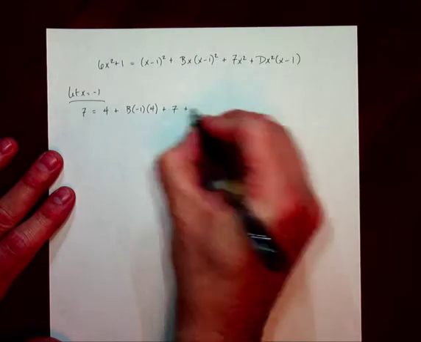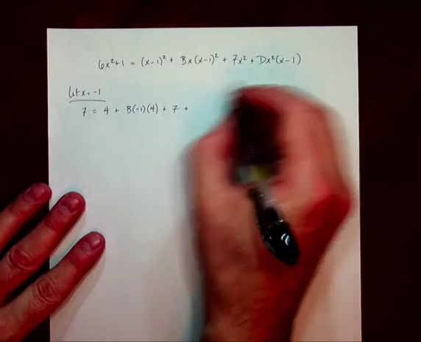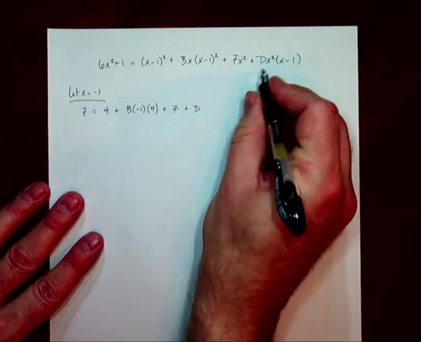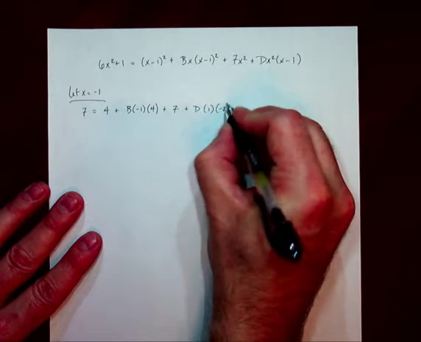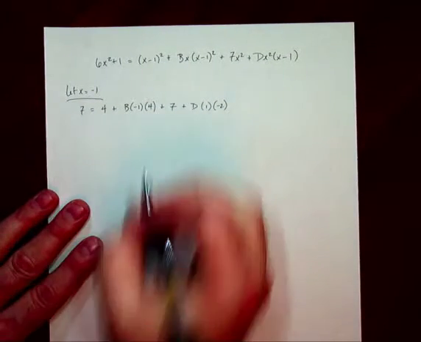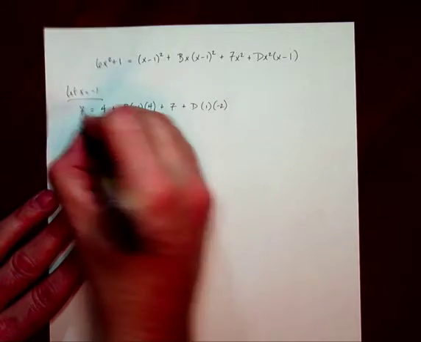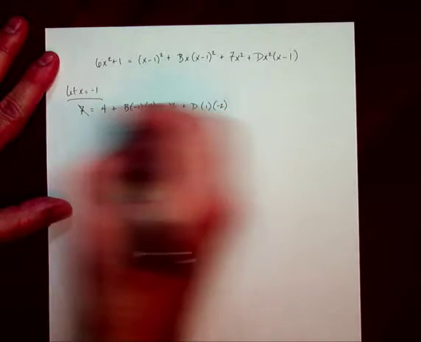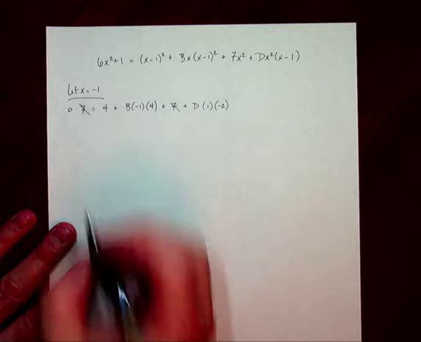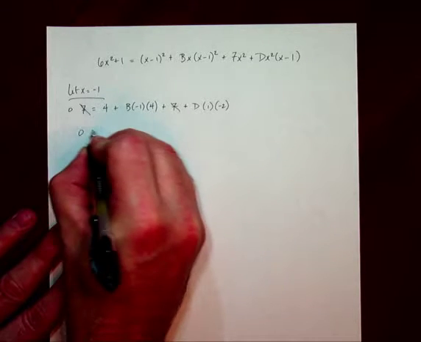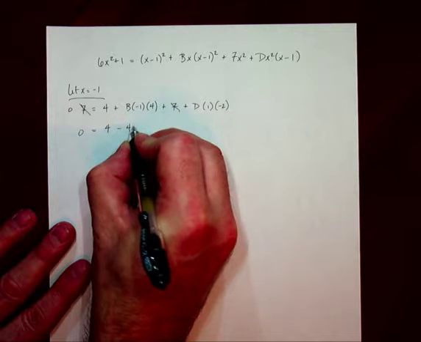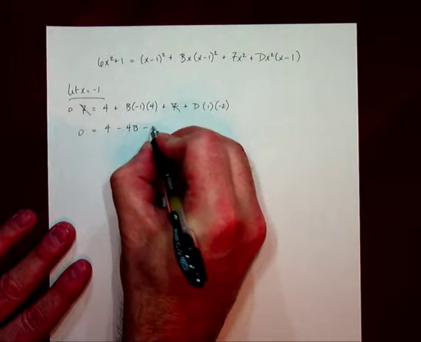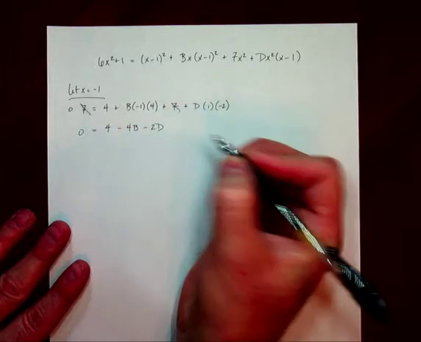And then we're going to have d times negative 1 squared, which is just 1, and then this is going to be negative 2. Okay, well, this and this can be subtracted from both sides, so that's easy enough. And I'm going to get 0 is equal to 4 minus 4b minus 2d.